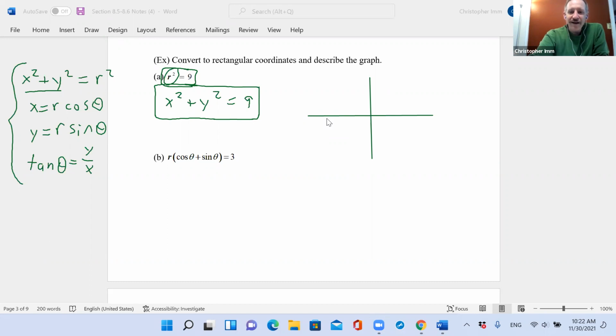So the radius is equal to either plus 3 or minus 3. And when you think of all those points that you get when you go plus or minus 3 from that pole, you get that circle of radius 3. So that's exactly what this graph looks like, a circle of radius 3.